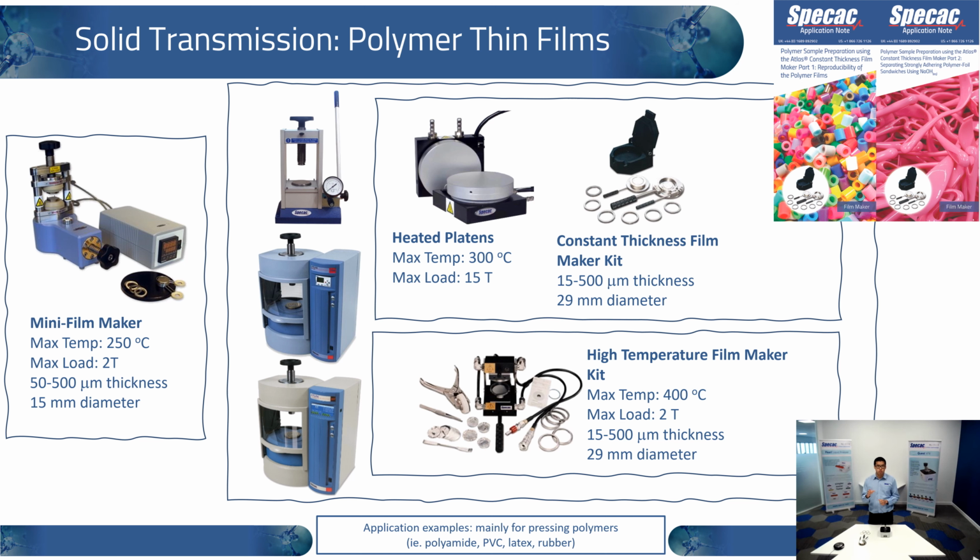We've got the manual hydraulic press, automated presses, heated platens that can go up to 300 degrees C. The constant thickness film maker as seen here with a range of different ring spaces, and also the high temperature film maker as well that can go up to 400 degrees C if your sample has a higher melting point.